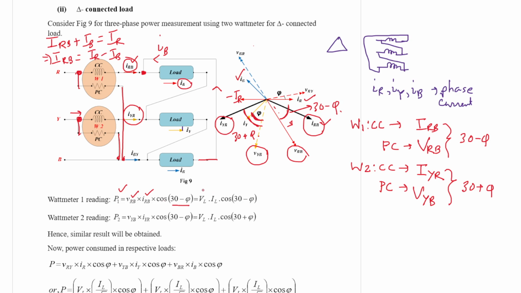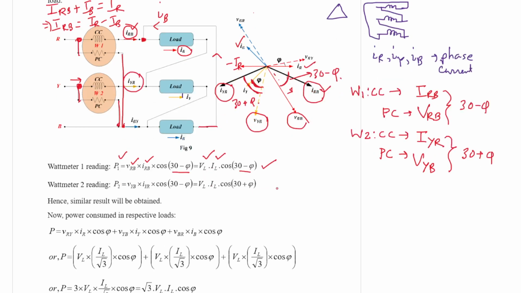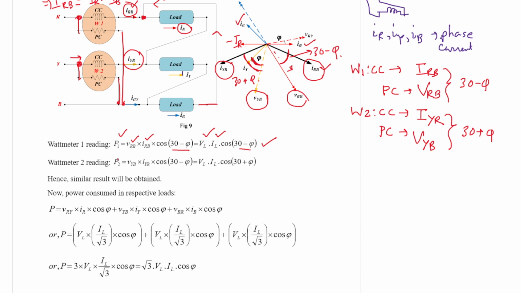VRB is the line voltage, IRB is the line current, and the angle between them is 30 minus phi. This is the reading for P1. For P2, the voltage is VYB, the current is IYR, and the angle between them is 30 plus phi. VYB is the line voltage, IYR is the line current, so it is cos of 30 plus phi.